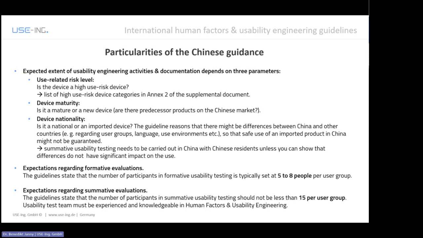And also an interesting side note, which is explicitly mentioned: the usability test team conducting those summative usability tests must be experienced and knowledgeable in human factors and usability engineering. So as we might have seen in the past, where design engineers got usability testing as a side job, that could be difficult with the new NMPA guideline here.